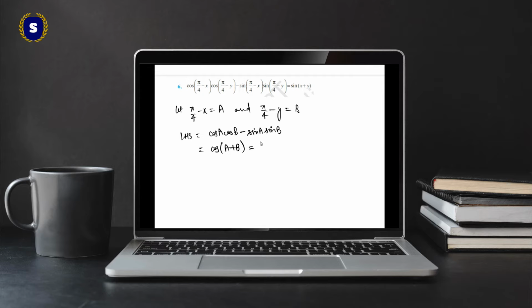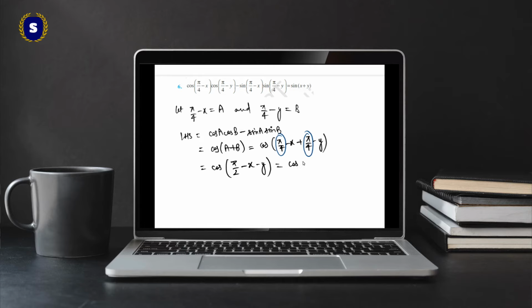Substituting the values we assumed, we will get cos of pi by 4 minus x plus pi by 4 minus y. Okay, this will become cos. If we add this pi by 4 and pi by 4, we will get pi by 2. So cos of pi by 2 minus x minus y.